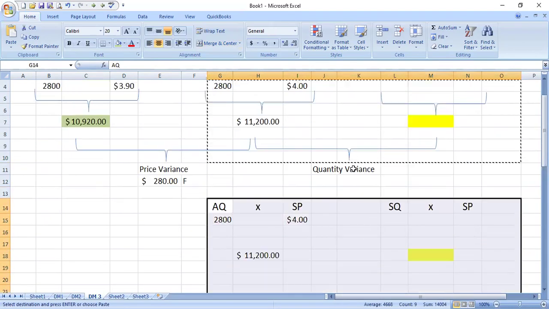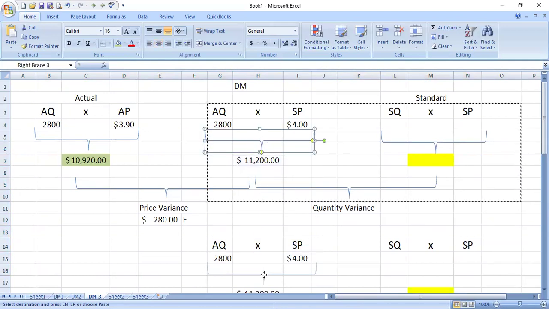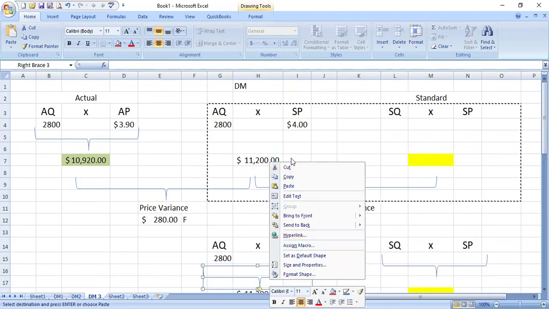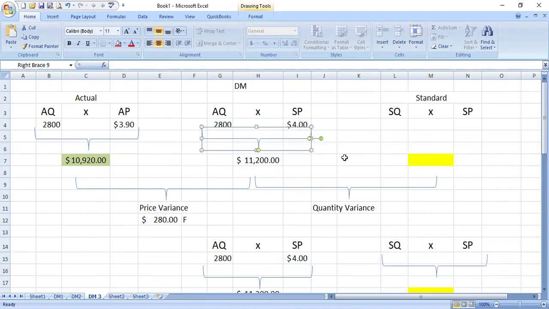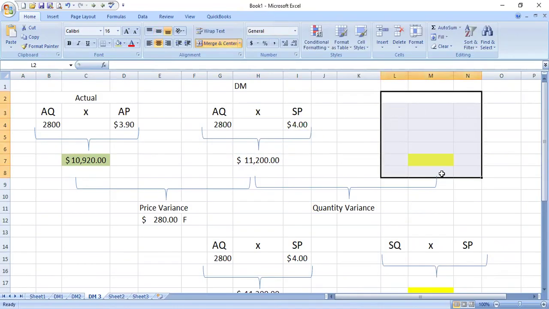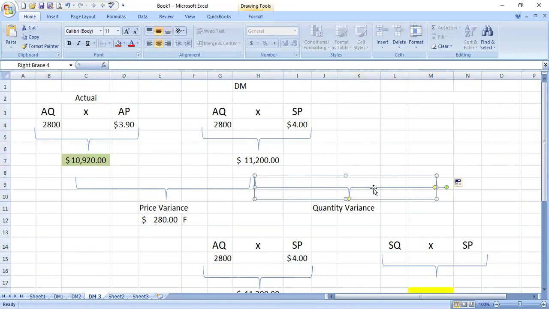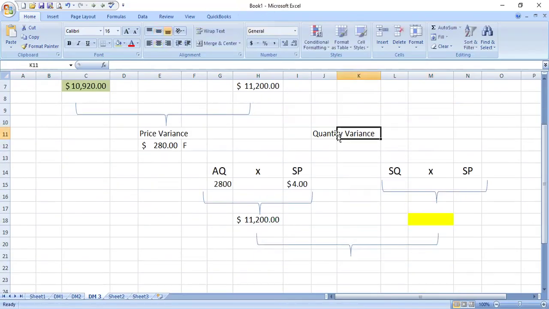So let me grab those here. Put this one here and this one here. Actually, I need this one so I can copy it, paste it back here. Some modification a little bit. Quantity variance, I need this quantity variance to go here. And I need this description to come here.